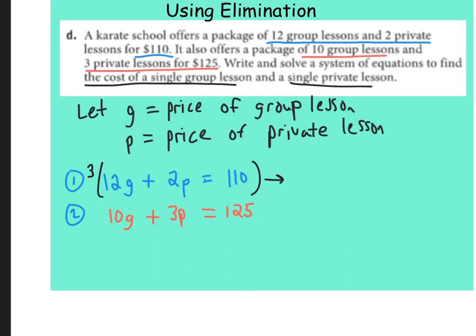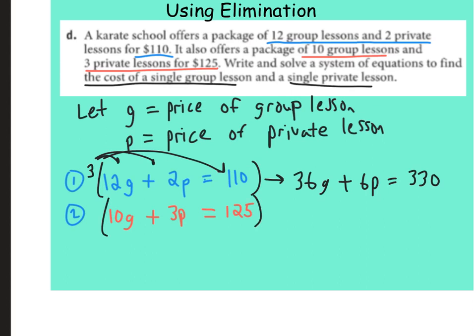So let's distribute a 3 to everything. The 12g becomes 36g. The 2p becomes 6p. Don't forget to multiply the 110. That's one big step I see missed a lot of times, right? We need to distribute to all the terms, including the 110. Okay, so there's a new equation. Now what would we need to multiply this one by?